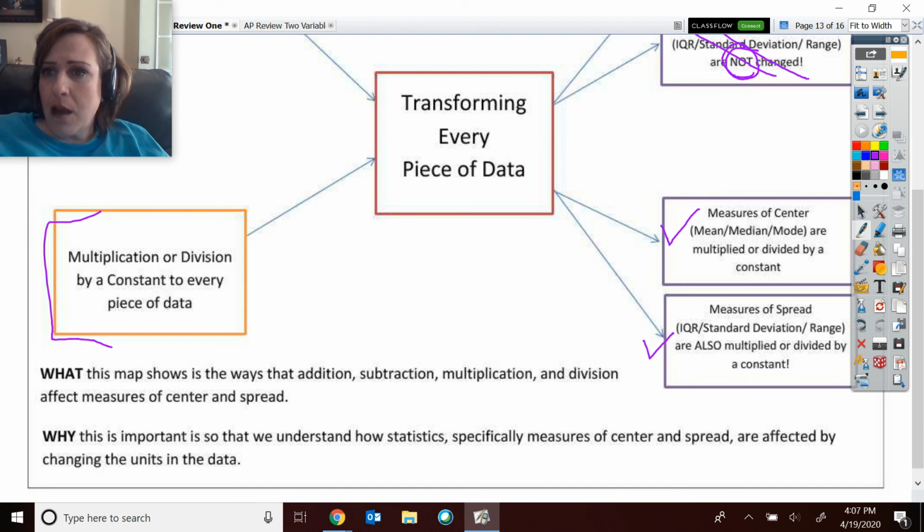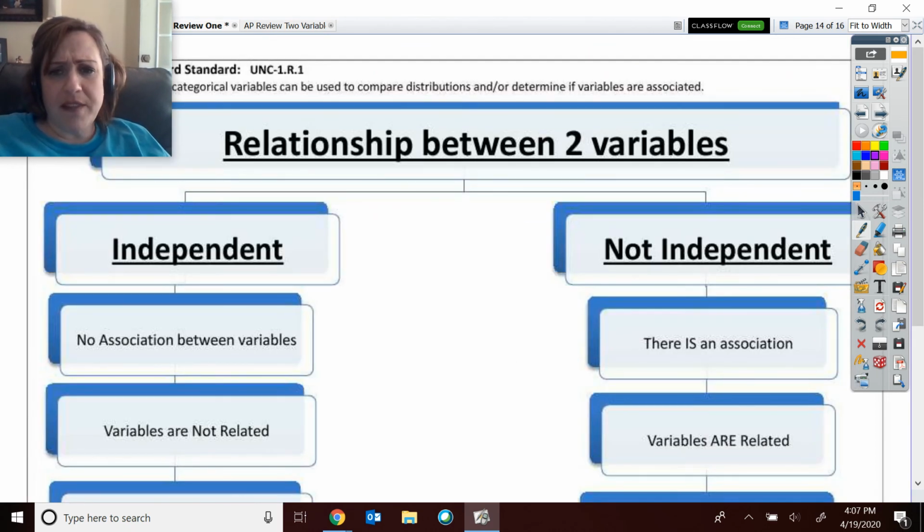Okay? All right. Now, we did talk about this association between the two variables, and we'll revisit it at a different time, I think.